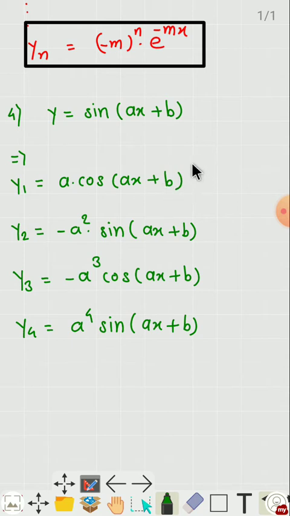Let's go to the next now. Similarly we can write derivatives up to fourth order for a given function.